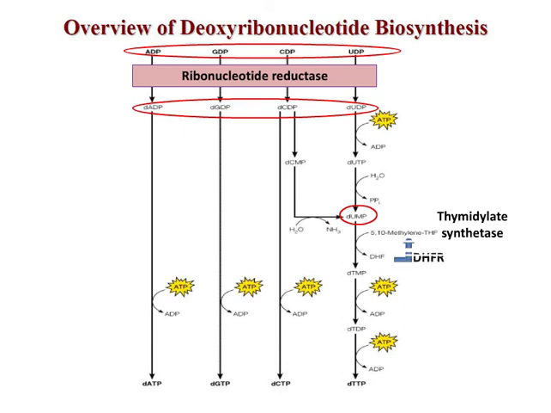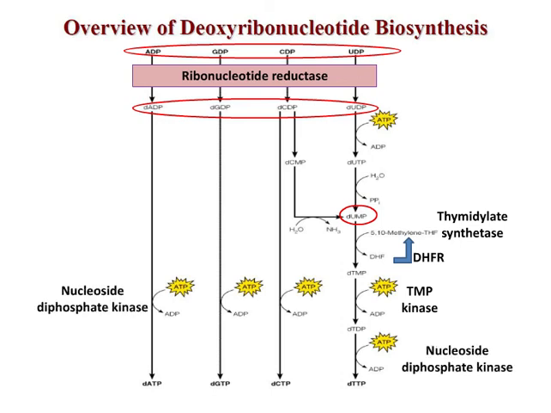Tetrahydrofolate is then regenerated using the activity of dihydrofolate reductase. A specific nucleoside monophosphate kinase, TMP kinase, converts deoxy-TMP to deoxy-TDP. Nucleoside diphosphate kinase then converts all deoxynucleotide diphosphates to nucleotide triphosphates for use in DNA synthesis.